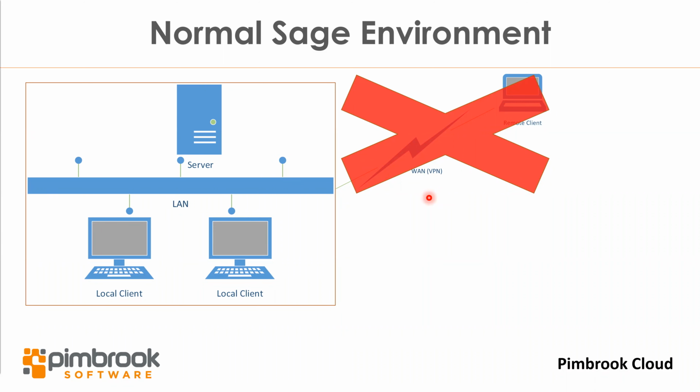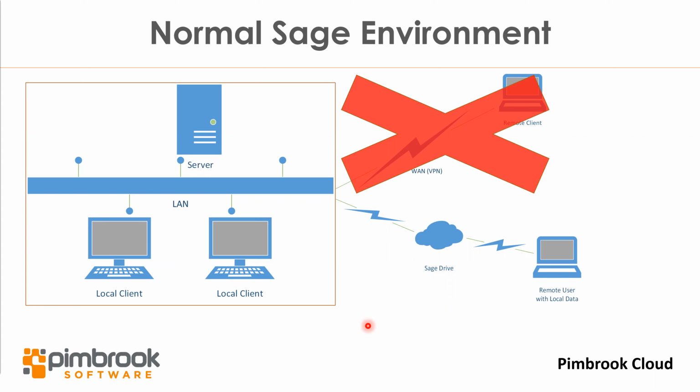So the best options for remote access are to either implement Sage Drive, which synchronizes the data from your server through the Sage Drive services and gives a copy of that data to the remote user, who then works on that, and then any changes are synchronized back through the Sage Drive service.